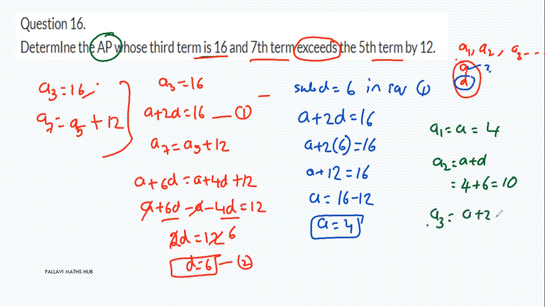A3 is A plus 2D. The value of A is 4 plus 2 into the value of D, 6, is equal to 4 plus 2 sixes are 12, equal to 16. So 4, 10, 16, continuing. So this is the final answer.